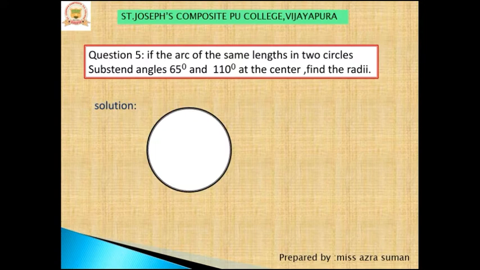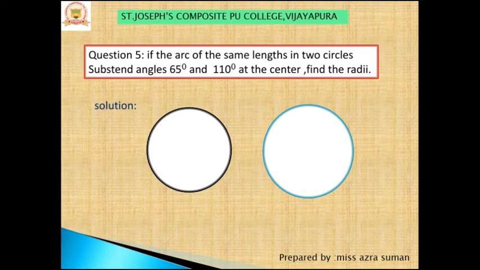Solution. See, there will be two circles having the same arc length. They make angles of 65 degree and 110 degree, and we have to find their radii. So this is the radius of the circle. On moving, it makes an arc with an angle of 65 degree, so theta equals 65 degree.